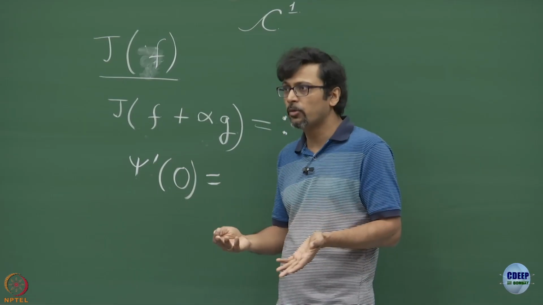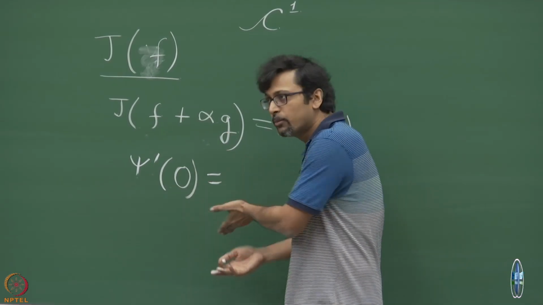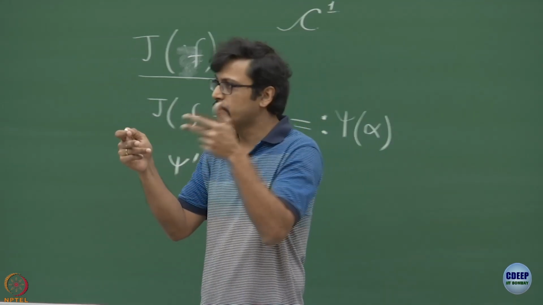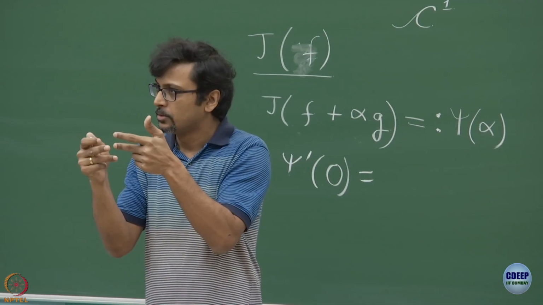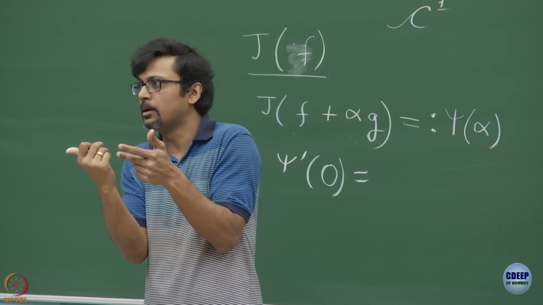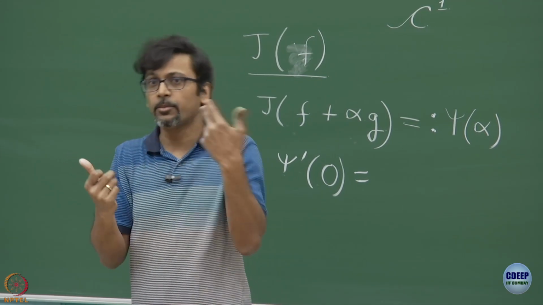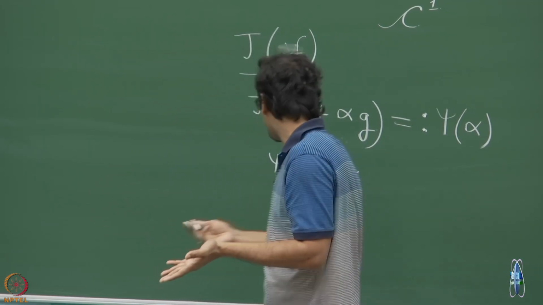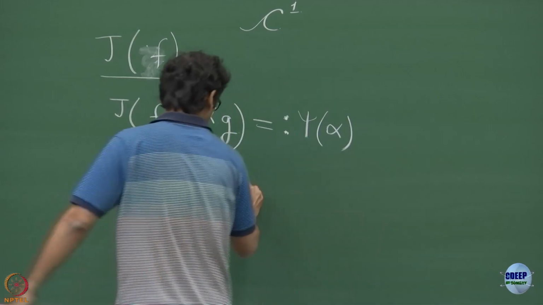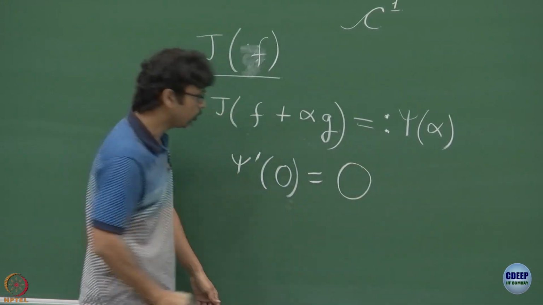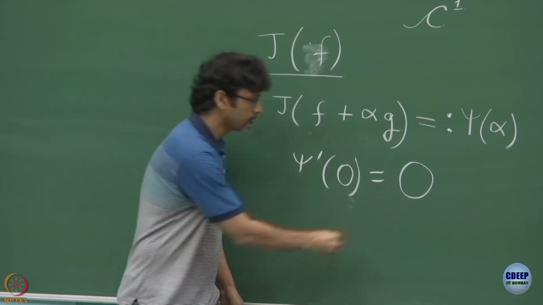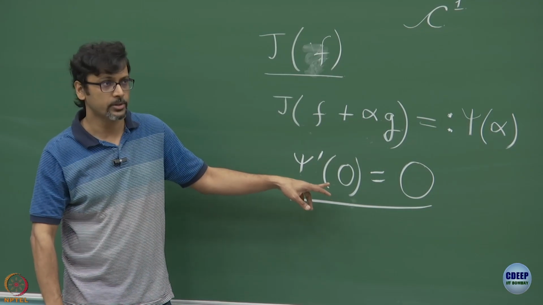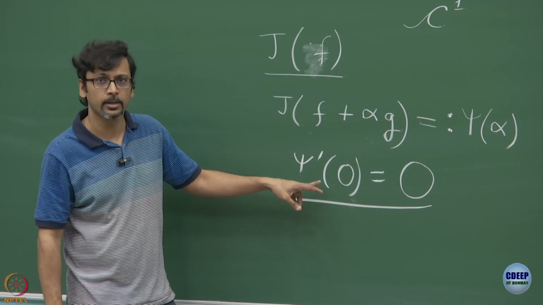But is it possible always to do that? Because alpha can be both positive and negative. Yes, you can approach alpha equal to 0 from the left and from the right. So if from one direction you are getting one particular sign, then from the other direction you will be getting the opposite sign. And therefore the only way to resolve that conflict is to equate this to 0. I hope you are clear on this, that this is the condition that you need for optimality.